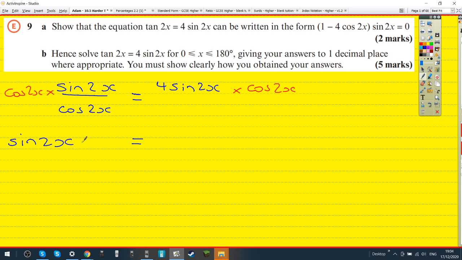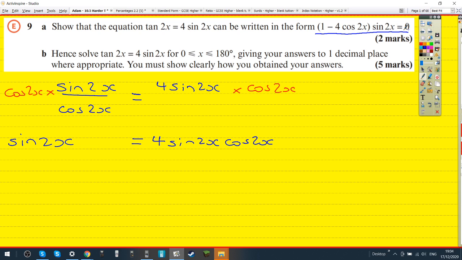Sine 2x? Right side? The right side would just be 4 sine 2x cos 2x. Yeah. Okay, let's see.